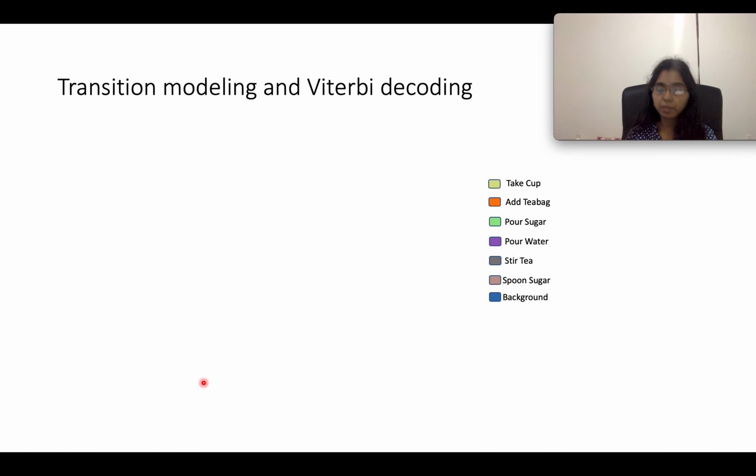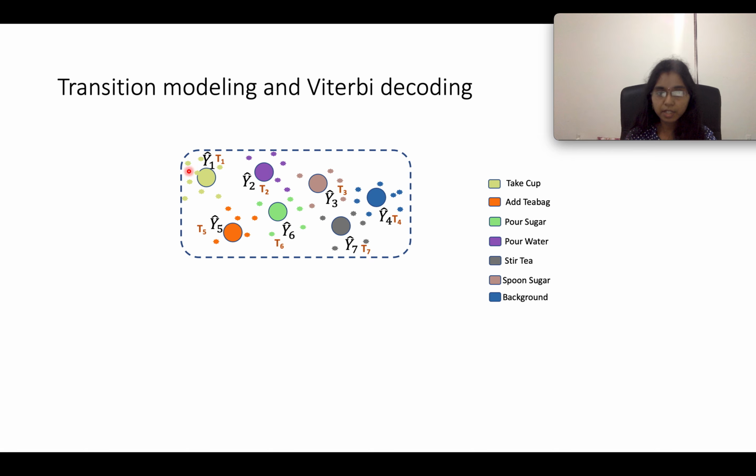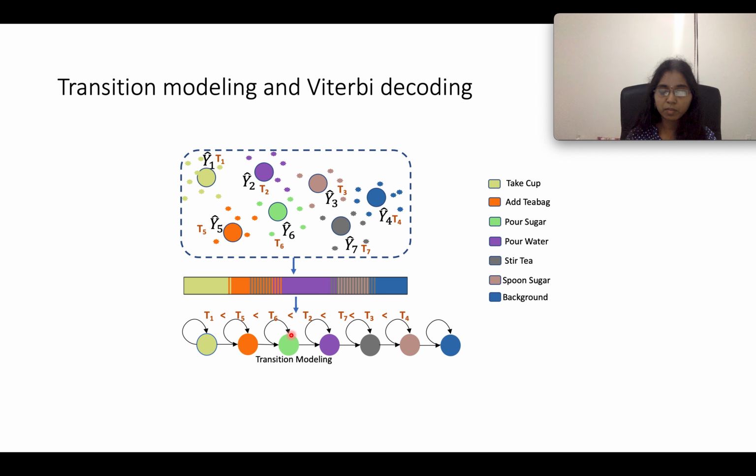So, now let us look a little bit deeper into how we perform our Viterbi decoding. Once we have this latent space learned, we can generate the initial predictions, and we define a transition modeling for the latent concepts with the help of the latent clips that are assigned to it. We compute a mean time for each latent concept based on the mean of all the timestamps of the clips assigned to it, and use that to define the ordering of these latent concepts.